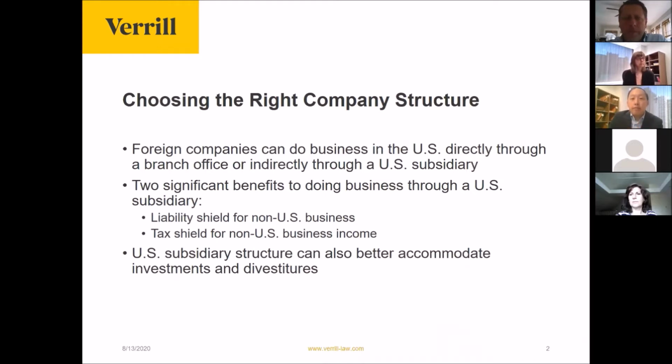First, by forming a sub, the foreign company effectively creates a liability shield for the foreign company's non-US business. A central tenet of corporate law in the US is that the parent company of a corporation or an LLC is not liable for the obligations of its subsidiary. A subsidiary is considered a completely separate legal entity in the eyes of the law.